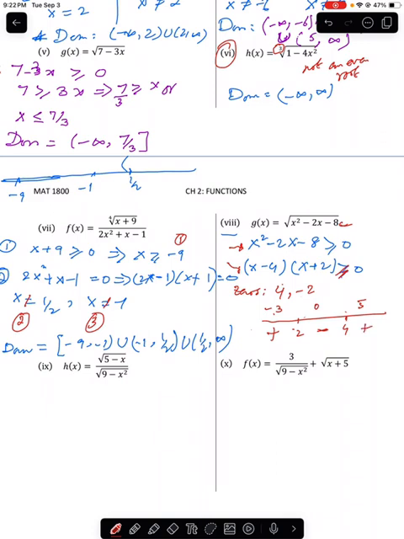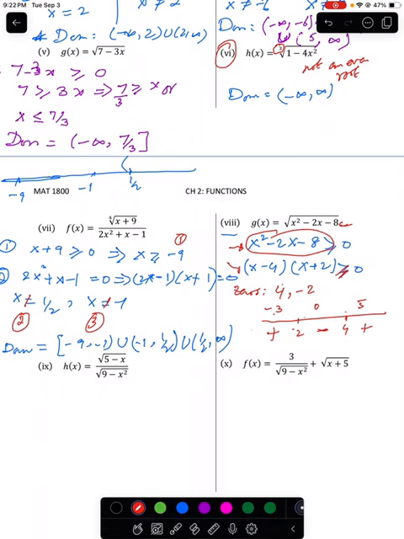Now when you plug in 5, we already saw that gave us a positive value. So which means now the domain is, remember what we are trying to look for is where this expression is greater than 0. So that is to the left of negative 2 and to the right of 4. I'm going to write the domain here.